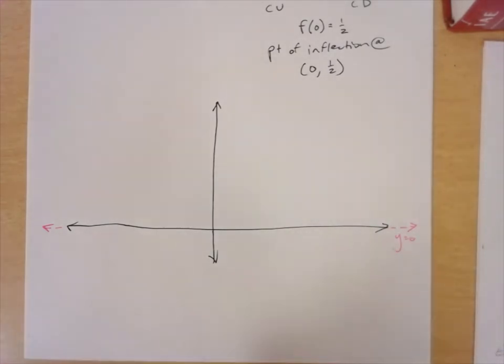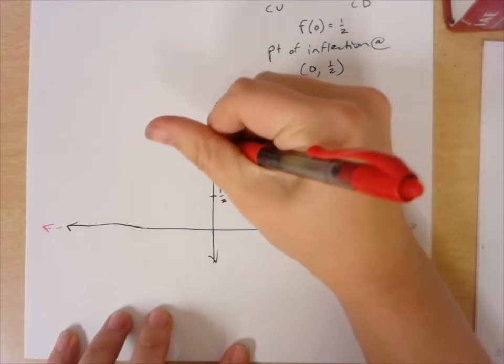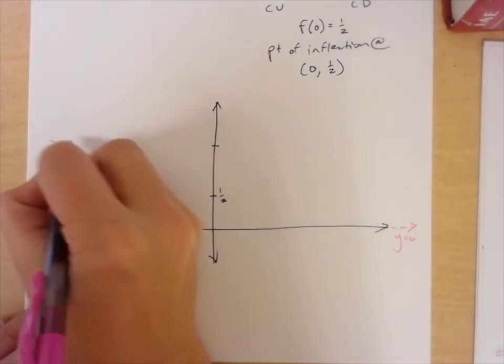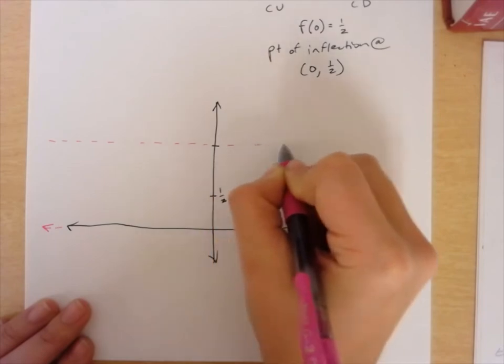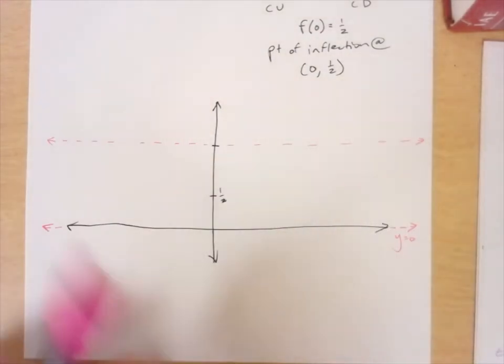And give yourself another horizontal asymptote. Let's call this 1/2, and let's call this 1. Give yourself that other horizontal asymptote at 1. Those were our two horizontal asymptotes.